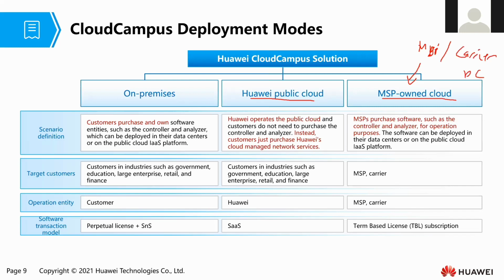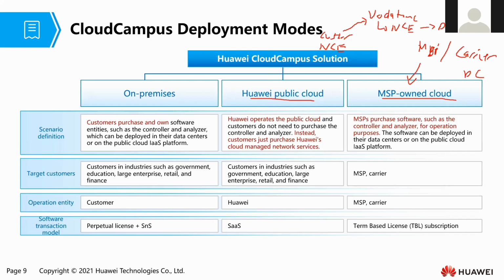For example, maybe Vodafone buys the NCE from Huawei and deploys it in their data center. So now Vodafone will be the owner of the NCE, and the customer will buy the service from Vodafone. Again, the customer will access the NCE campus through Vodafone network, and then use the NCE to manage their own devices.